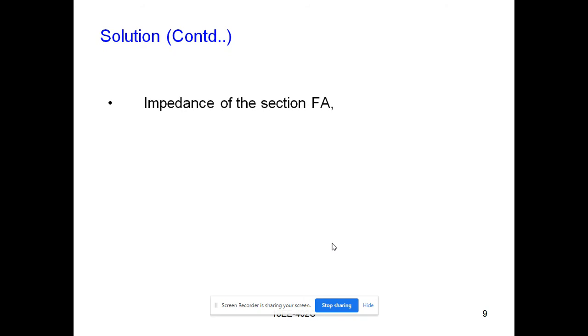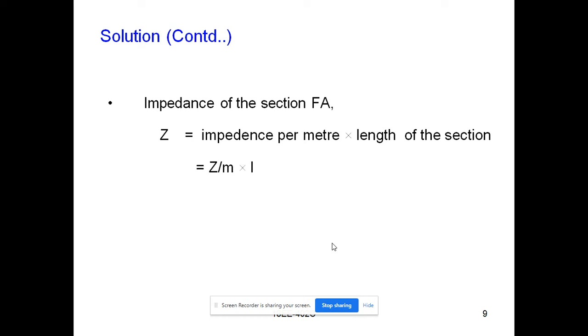Now let us calculate the impedance of section FA. Impedance Z is equal to impedance per meter into length of section FA. Impedance is obtained by adding resistance and reactance, that is R plus jXL.